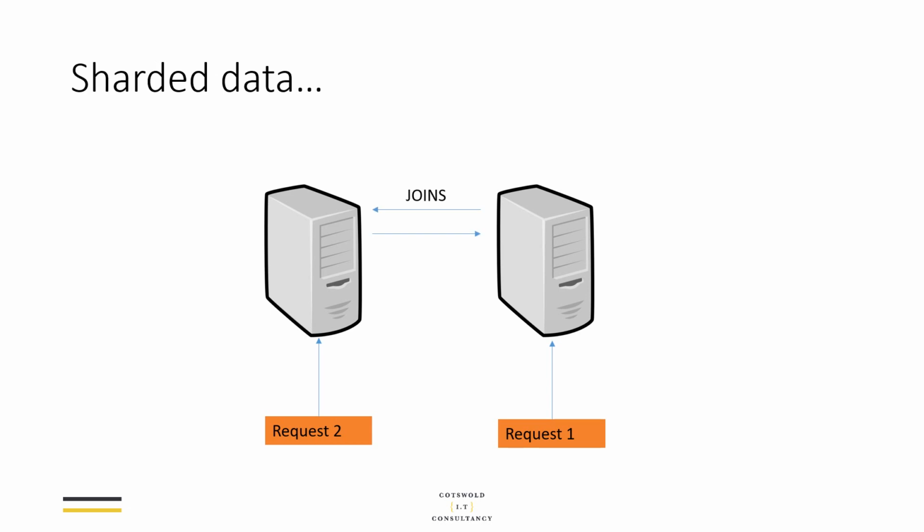However, if we end up splitting the data between servers, i.e. by sharding it, then we end up with the danger of having to join tables in other databases. So again, we incur not just network latency, but we're still tying up connections to the database server other than the one we've actually connected to. So we're not really solving the problem. And duplicating the data and saying, well, why don't we just have 50 copies?